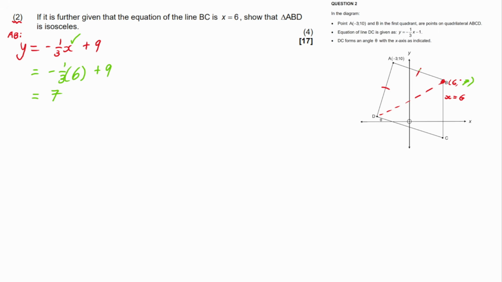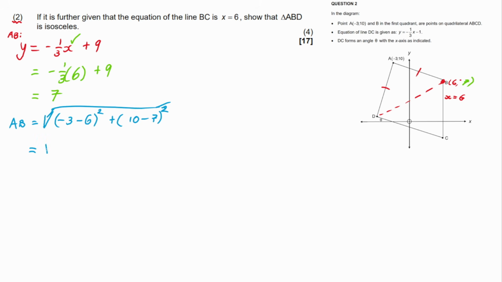So now we can find the length of AB. Again, we're just going to use the distance formula. So AB is equal to the square root of, I'm not going to write out the formula again, I'm just going to go into it, minus 3 minus 6 squared plus 10 minus 7 squared, and then all of this is square rooted.